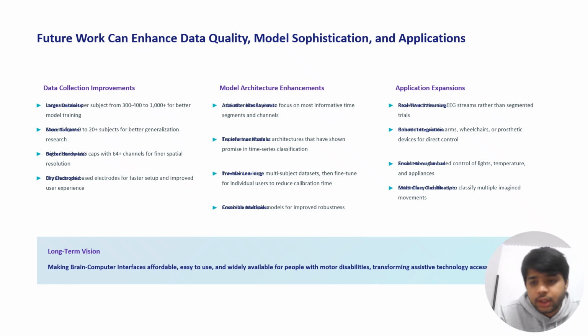And we need high-end compatible devices to get data that can capture multiple regions of the brain at once at a very high sampling rate, like 1000 hertz or even more than 2000 hertz. And we need better quality electrodes to get the exact signals from the brain. There should not be any noise that can lead the model to train falsely on the noise.